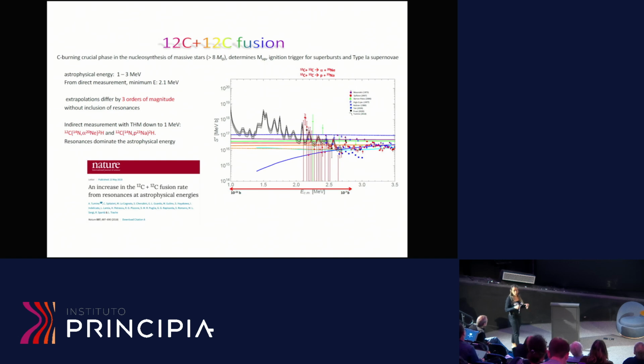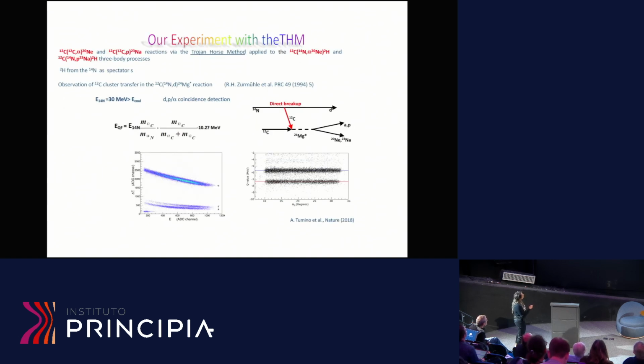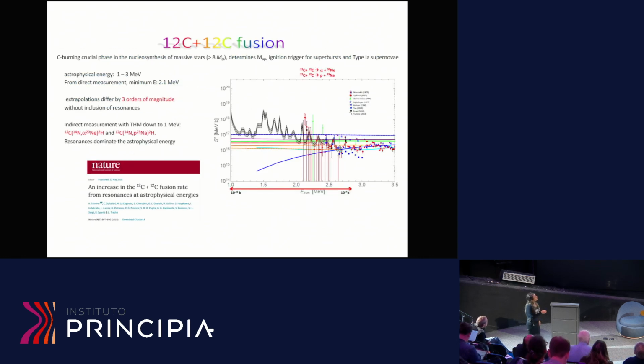That means that you go to select a proper region where you can extract this two-body reaction. And so, yeah, there are some details of the experiments which were quite standard. Maybe you can ask. And we discovered a lot of resonances.